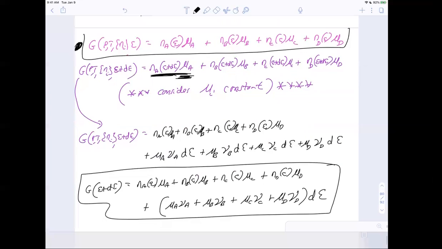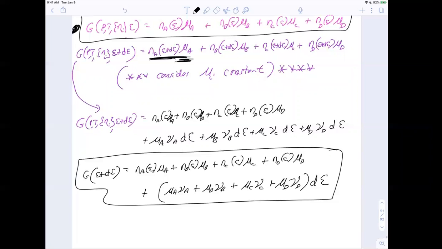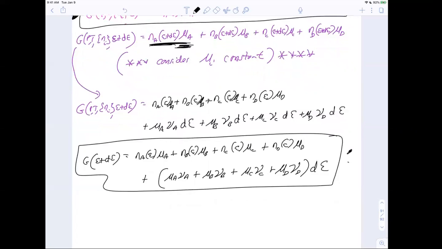So now, in the case of G at epsilon plus d epsilon, we just substitute in all the moles. And we know that all the moles are going to give us a term. If we look at this box, there are terms that are just the moles of each species at epsilon times the chemical potential of that species.